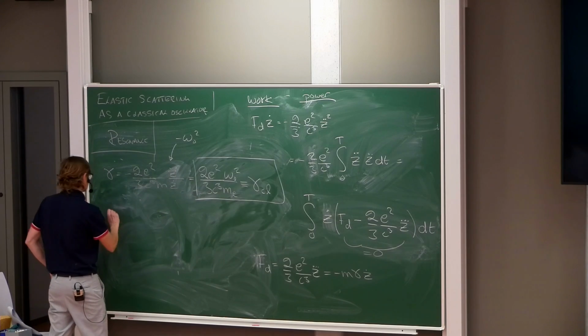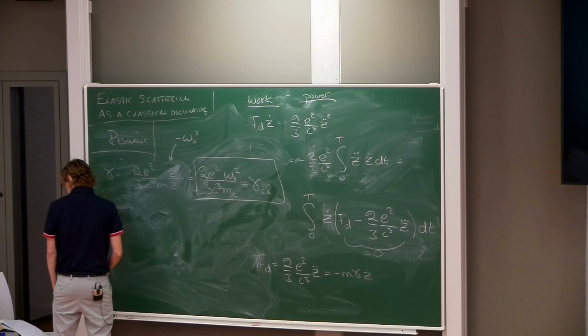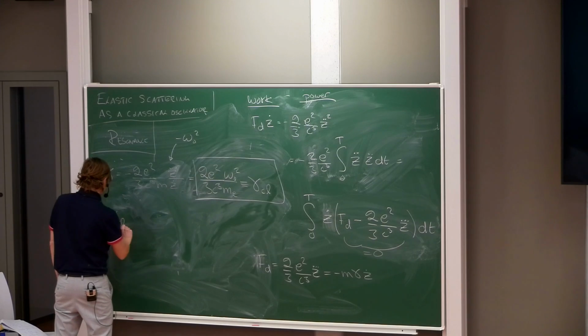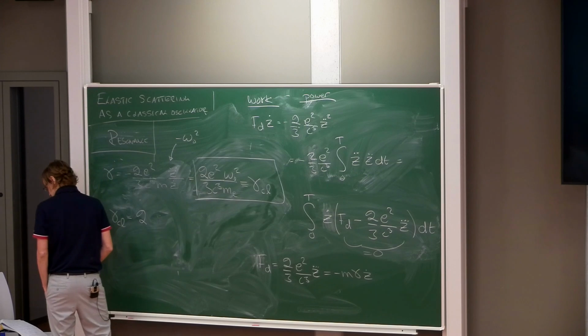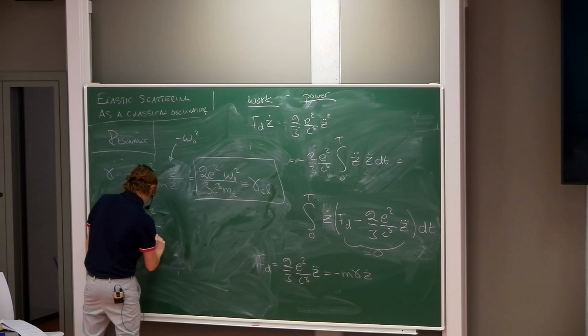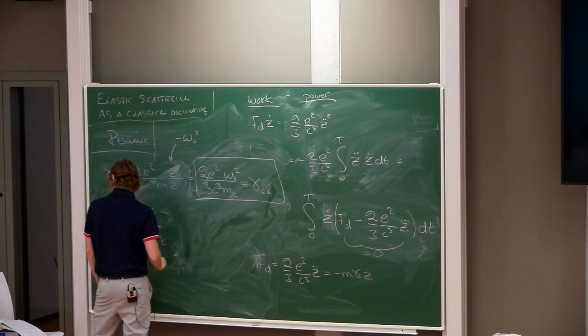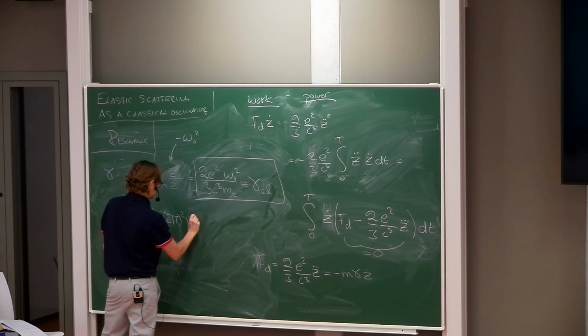Now, we can also, which will be useful for us, write this in terms of the ordinary frequency. And then it's just, of course, 2 pi squared nu 0 squared.